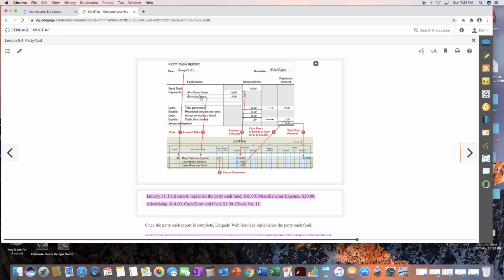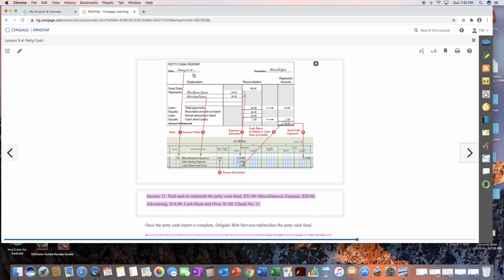Looking at our petty cash report again, we have two slips that we qualified as miscellaneous expense and advertising expense. We need to journalize these. These are small payments that we made using the petty cash, but we want to record them at the end of the month whenever we replenish it.